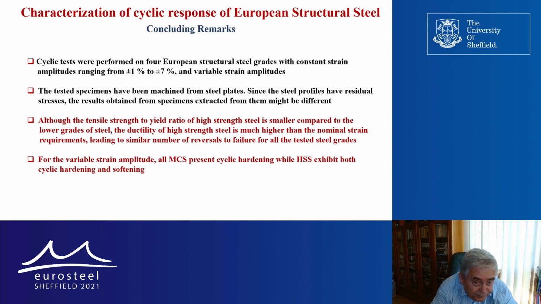The second one, we have observed that for variable strain amplitude, all mild carbon steel present cyclic hardening, while high strength steel exhibits both cyclic hardening but also some small softening. This is also supporting the ductility capacity of this steel.